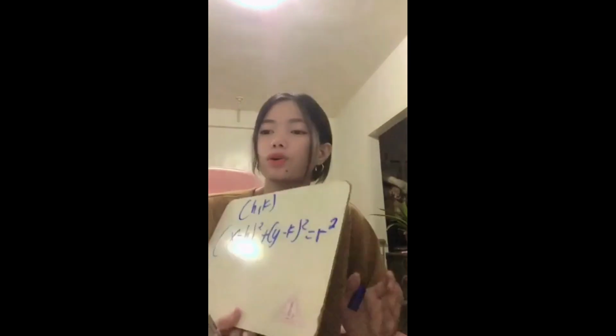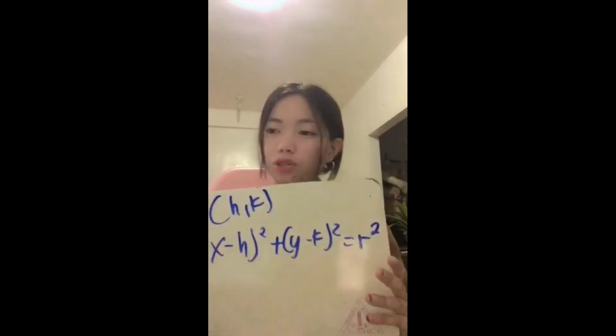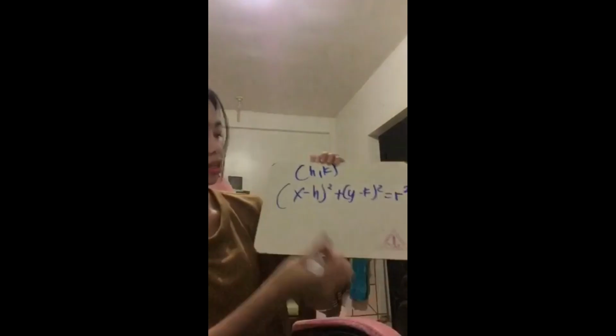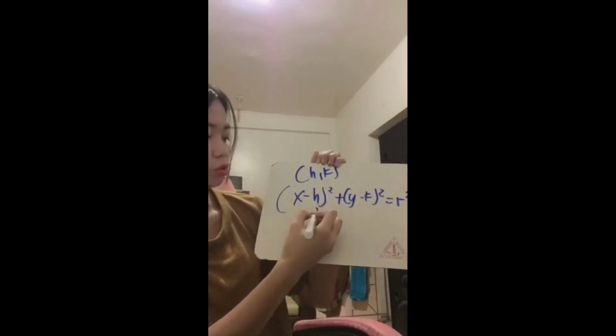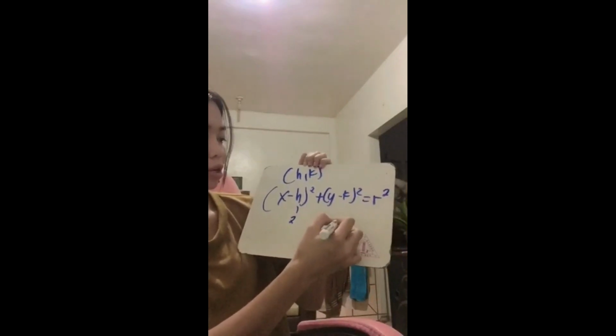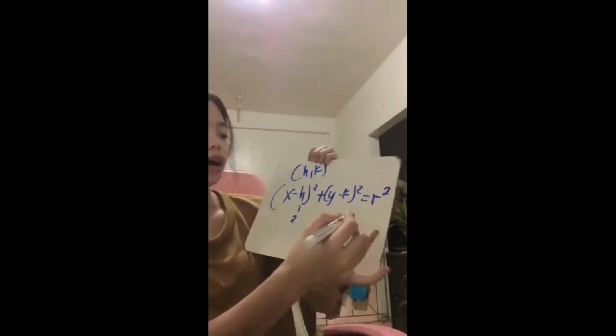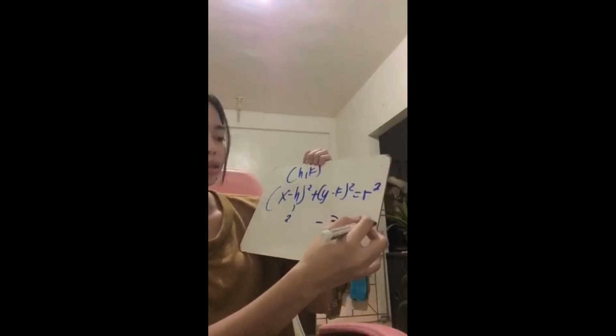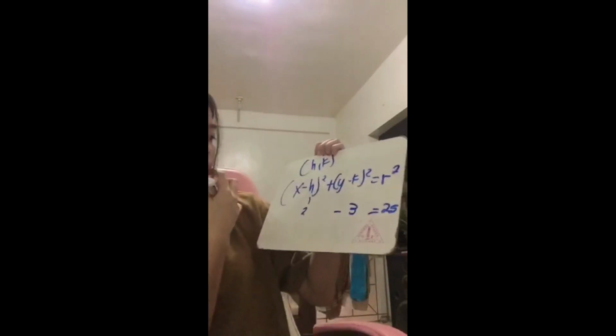So comparing this with the given equation, we can see that h is equal to 2 and k is equal to negative 3 and r squared is equal to 25. Therefore, the center of the circle is (2, negative 3) and the radius of the circle is the square root of 25, which is equal to 5.